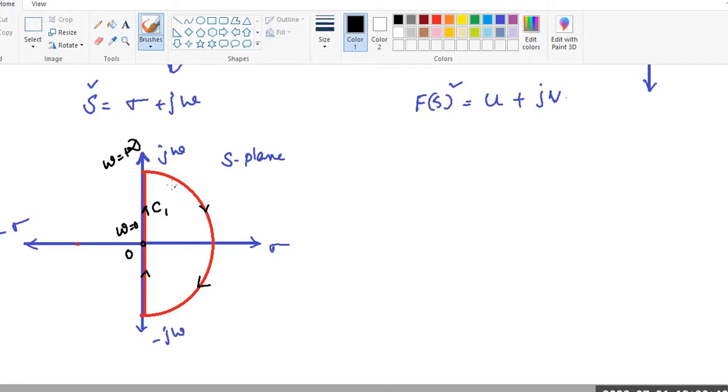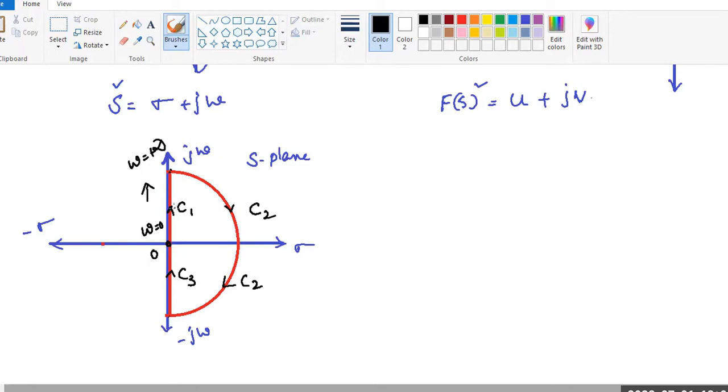And another section, from this point, is in the shape of an arc. This arc is considered to be another section, C2. So this is entirely section C2. And from this point towards the origin, there is another section known as C3.